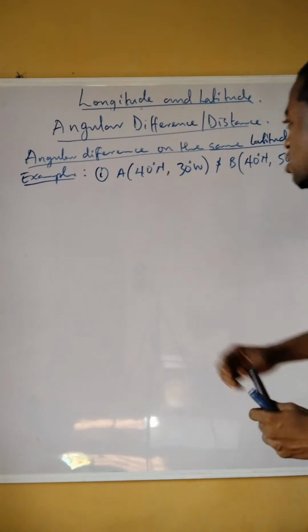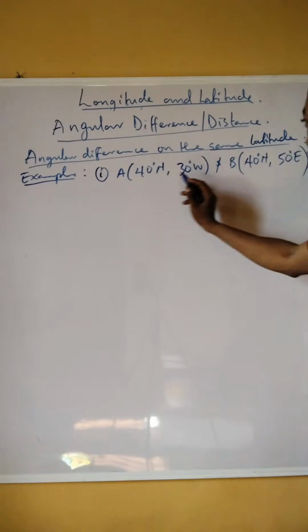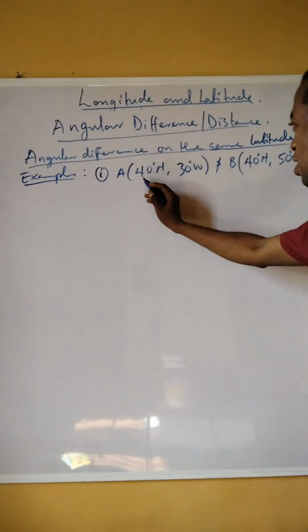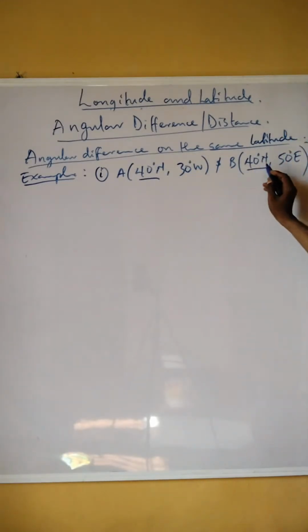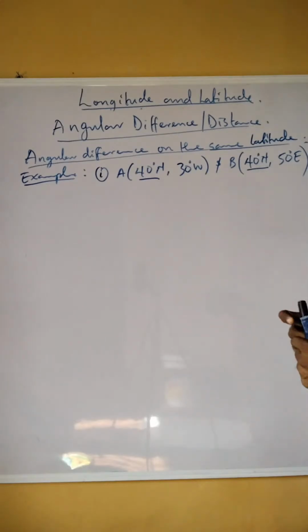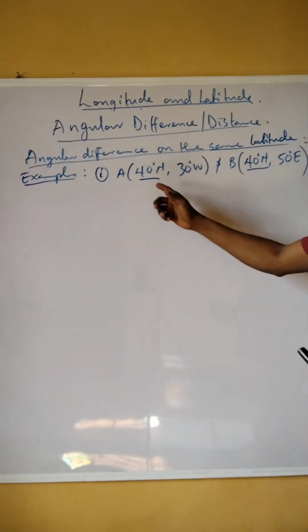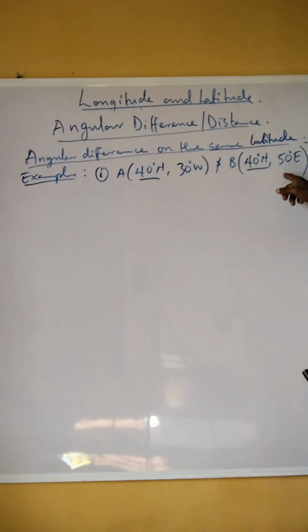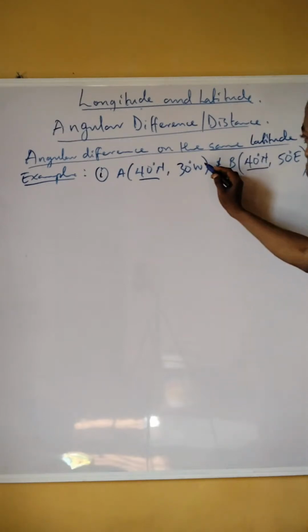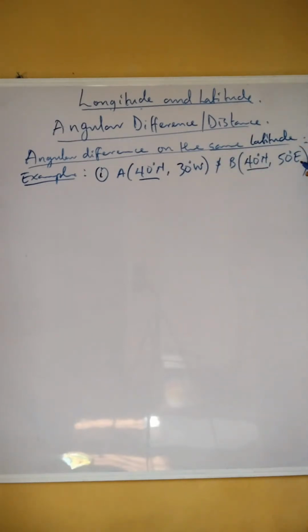Now let's look at this. Something interesting here on the same latitude. If I want to use that shortcut we did the other time, I will say since they're on the same latitude, look at this. Their latitudes are the same, 40 degrees north, 40 degrees north. Now, what will determine the angular distance now is their longitude. And something important here as well, this is on the west, this is on the east.